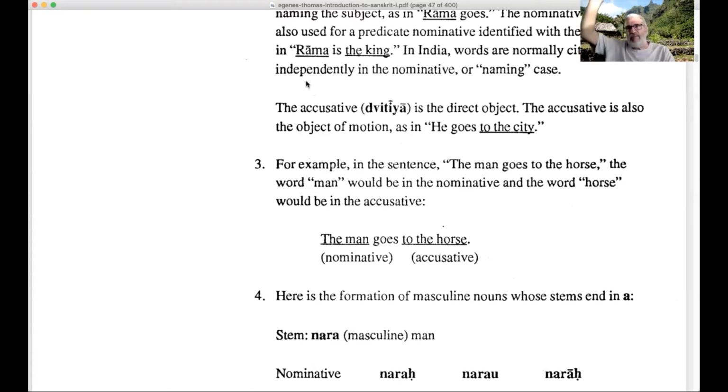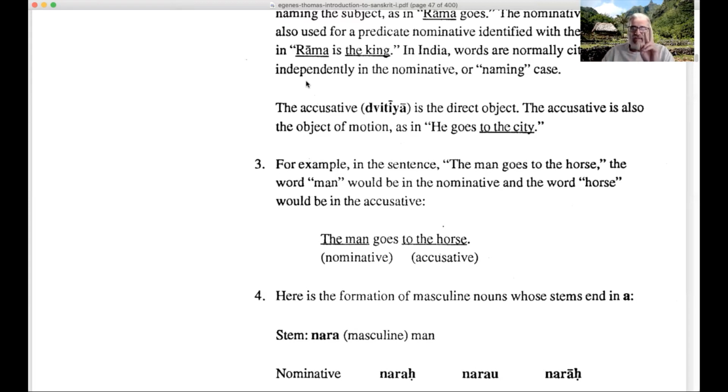Ad astra means to the stars. So the word that comes after ad has to be put in the accusative case in Latin. Similarly here in Sanskrit, the accusative case is used for motion towards. Any sentence that has motion towards a place, that place is put in the accusative case.